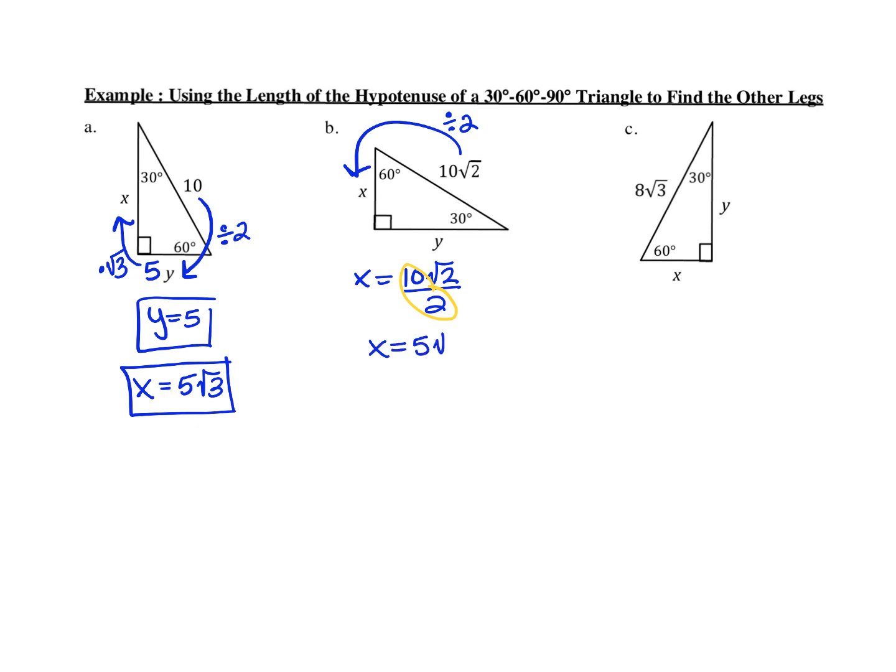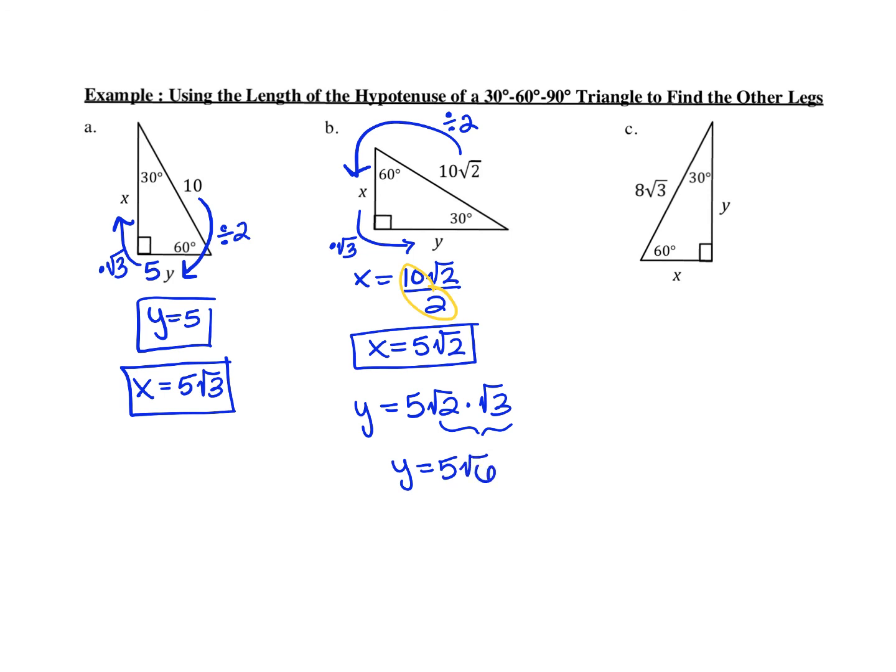So x is equal to 5 root 2. Then to find y, I take my answer I got for x, and we're going to multiply that by root 3. So y is equal to 5 root 2 times root 3. So we can multiply the two roots together. So y is equal to 5 root 6.